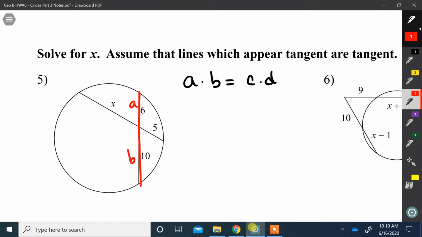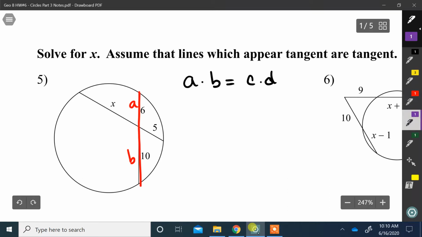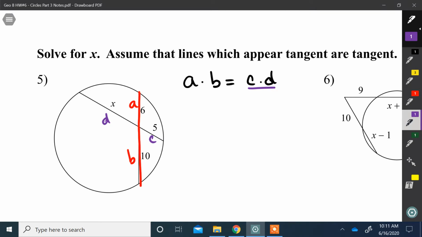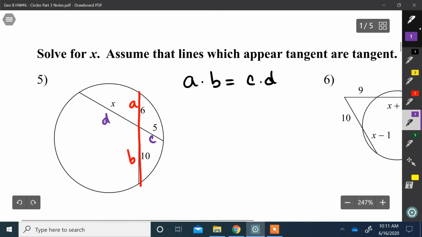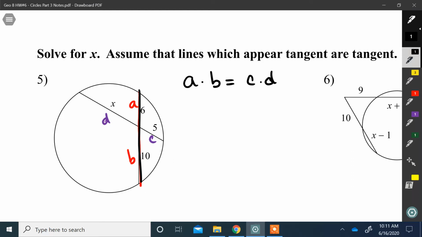And this one will have to be C and then D. Oh, Mr. Ordonez, why isn't this D and this C? It doesn't matter, because you're multiplying them on the formula. 5 times x is the same as x times 5. It's the same thing. So that doesn't matter. What really matters is that you stay consistent on the same line. A goes with B and C goes with D.